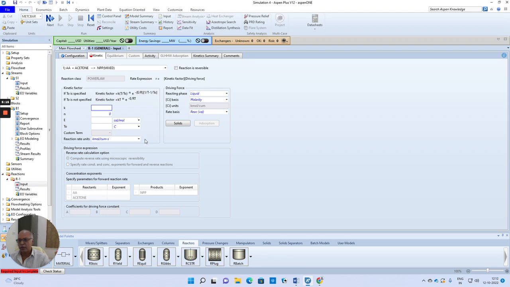So let us provide the 2.5 E7 and E is 6 E7, but the units of E are joules per kilomole. And you know, this is first order with respect to both reactants, allyl alcohol and acetone. Right? So we have supplied all the required information here. So we should be in a position to run our problem.